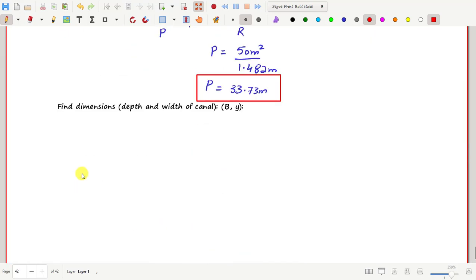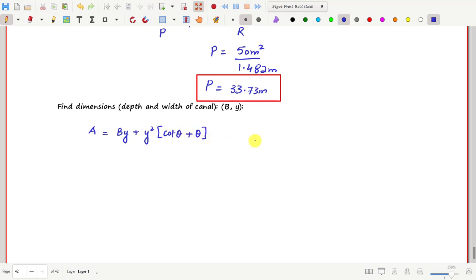As we know, the cross-sectional area of a lined canal with trapezoidal shape and round corners is going to be equal to By plus y squared into cot theta plus theta.